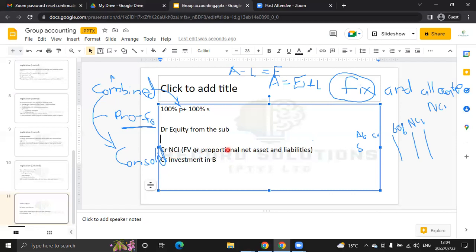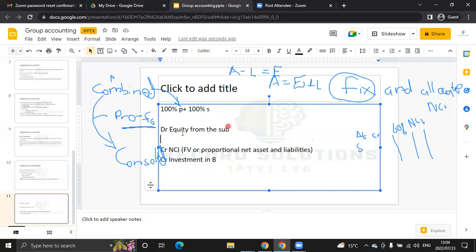That's why we took away their portion, of this fair value. So whatever is left after we take away this NCI is the portion attributable to us, right? And what did we use? We used this investment to pay for the portion that's left.